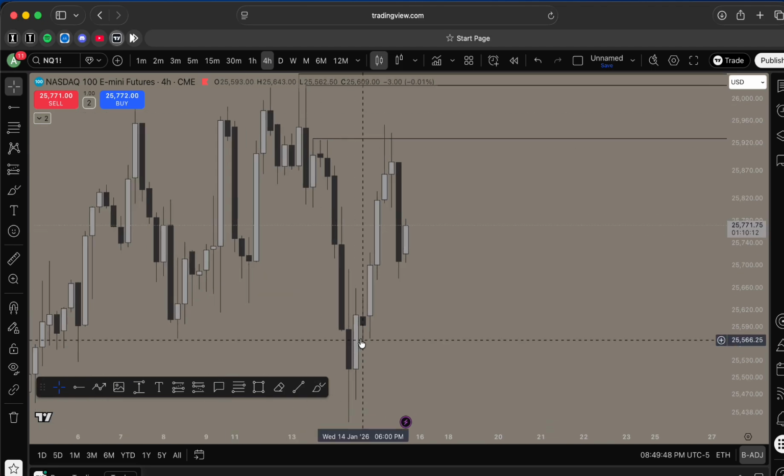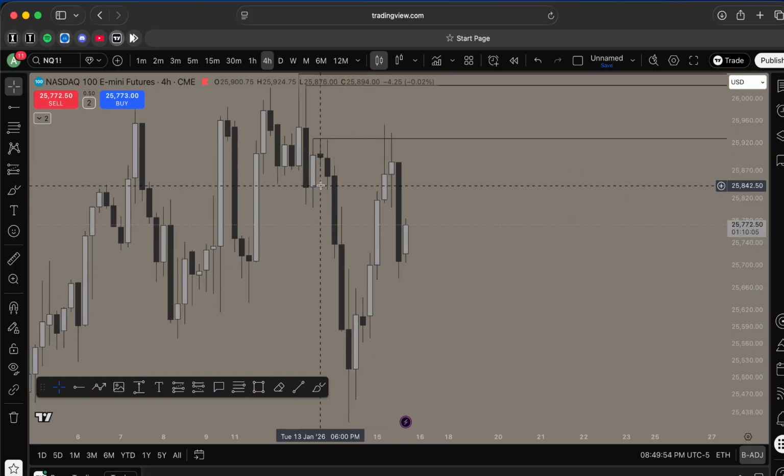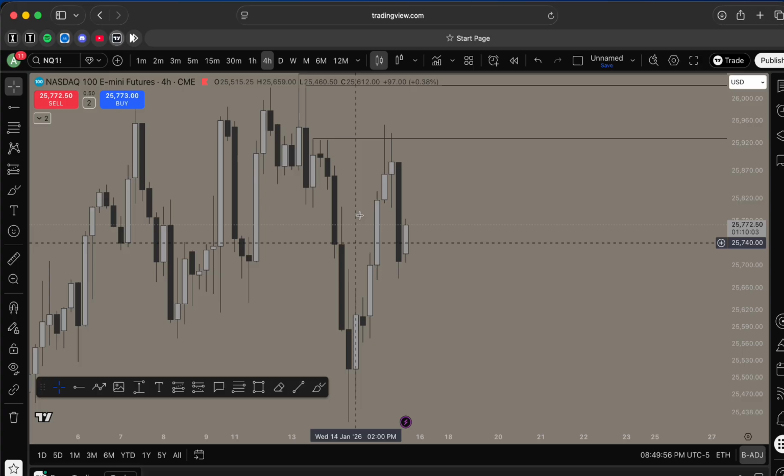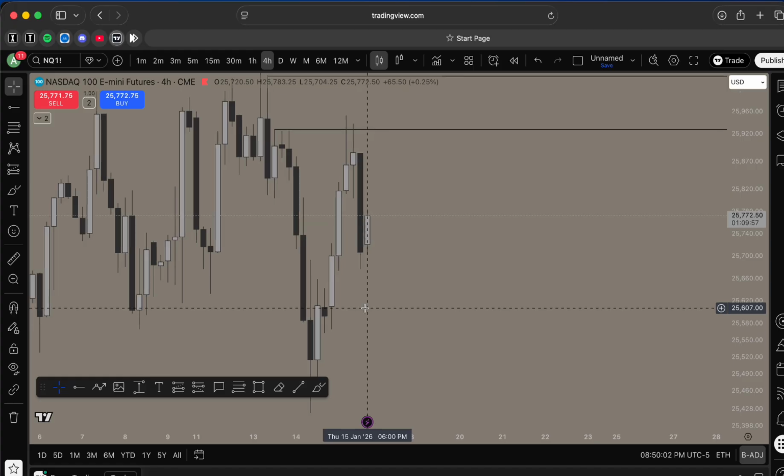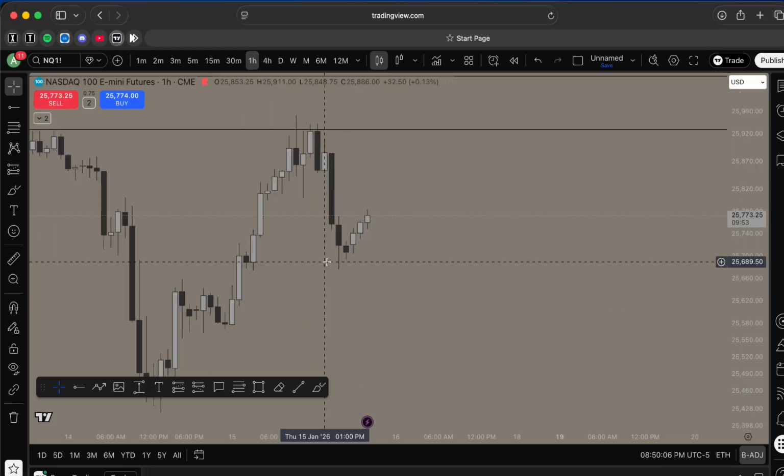As you can see, overnight we had a pump, so we inversed both of these. I was looking for longs, but I did not end up taking a long, because I don't trade with a bias. I trade with what price shows, where price wants to go.